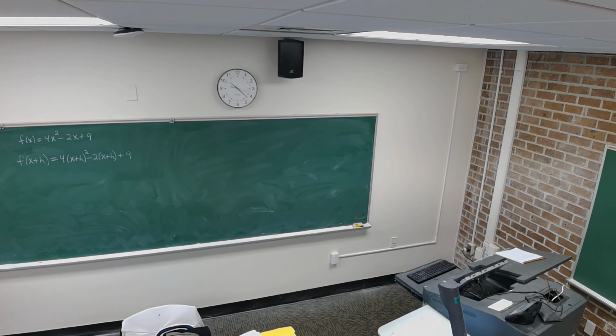x plus h squared is 2 factors of x plus h, right? That's what squaring means, right? You multiply something by itself. Well, now, when you FOIL, you multiply first terms, you have x times x, which is x squared. And then when you multiply outer terms, you have x times h, or h times x. Then when you do the inner terms, you have h times x. And when you do the last terms, you have h times h, which is h squared.